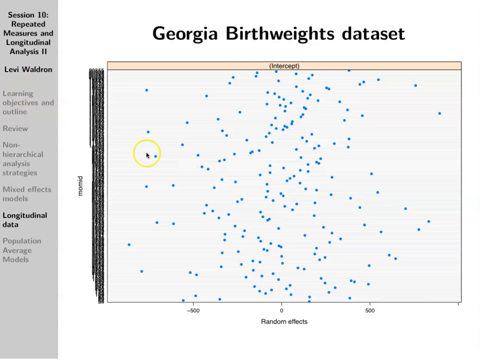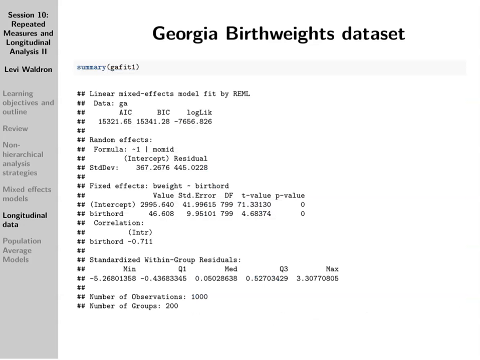Now in this plot of the random effects, we see we have a lot more subjects in this study than we did before. And the random effects look reasonably normally distributed. We could look at the QQ plot as well, but I believe it also looks quite good for this data set, at least in terms of having a normally distributed random effect.